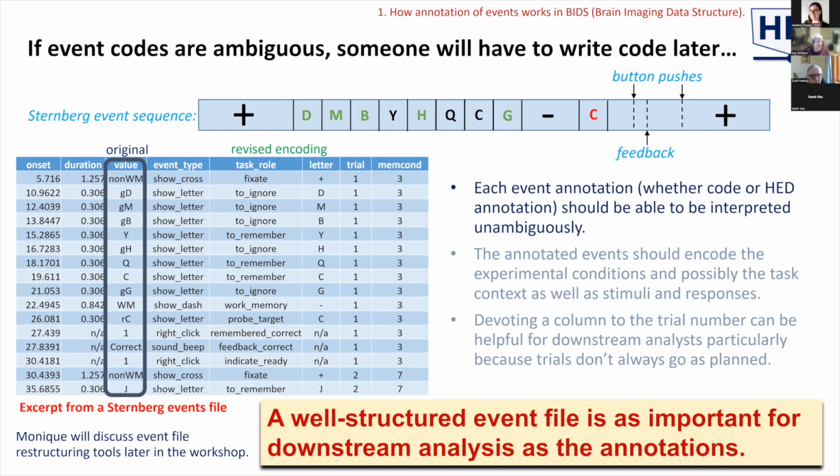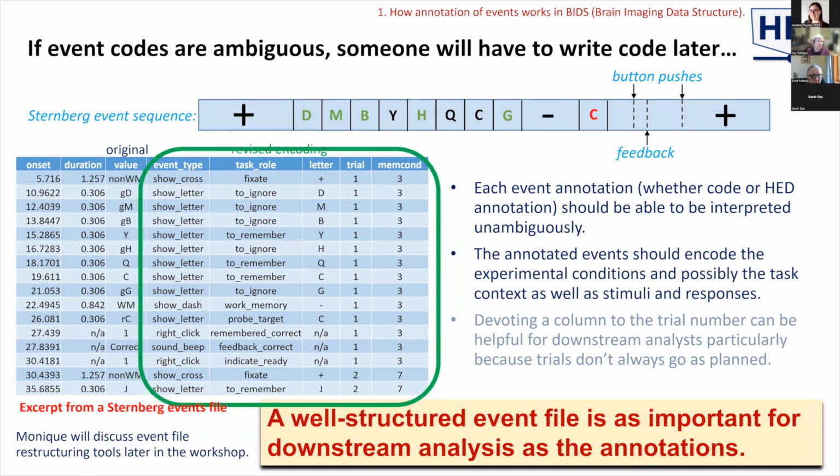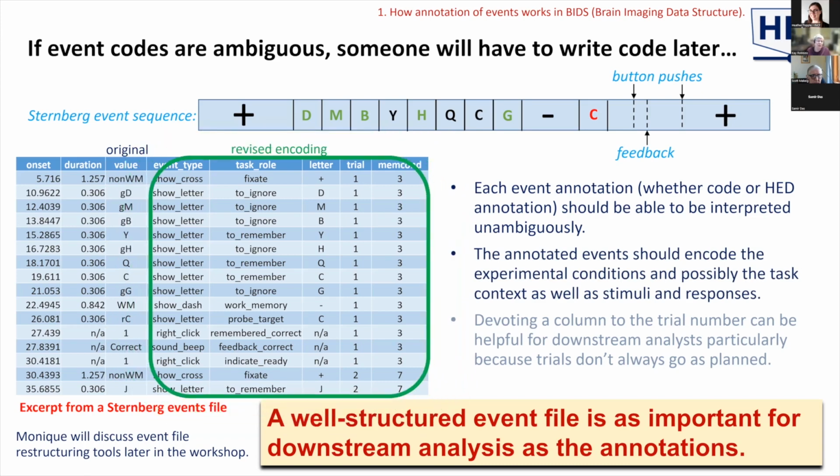And so a data distributor who carefully thinks about what to present can produce an event file that's much more informative and much less likely to be misinterpreted. So we recoded this and we used sort of an orthogonal encoding.